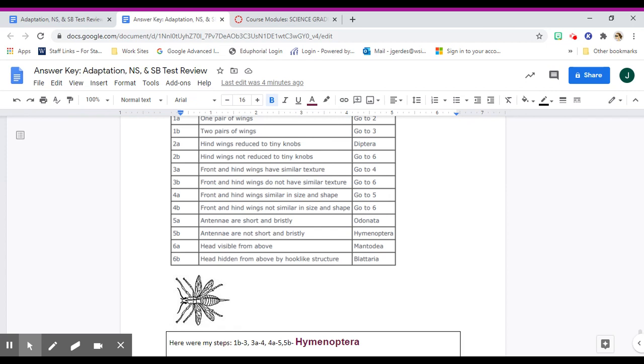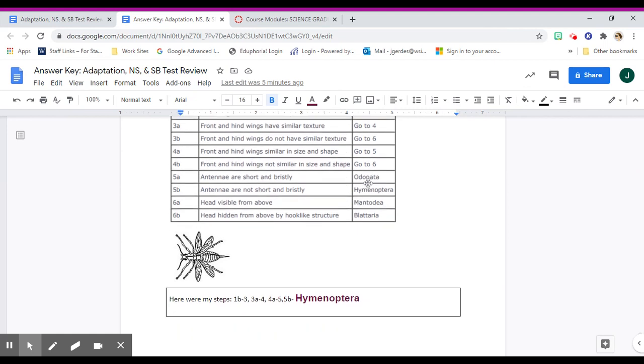So 4A, 4B. Front and hind wings similar in size and shape. And then the next one says front and hind wings not similar in size and shape. Well, they look very similar to me, so I said they should be similar. So I went to 5.